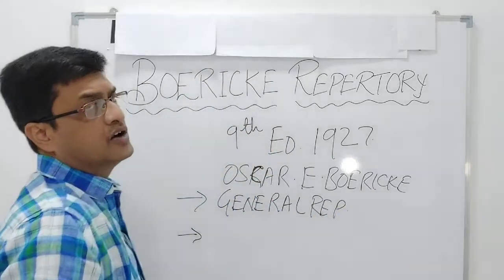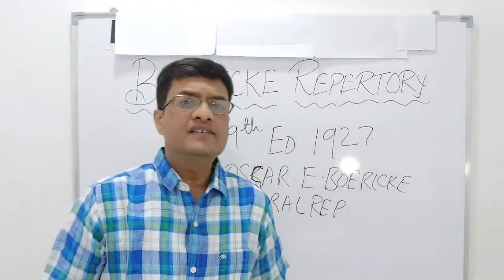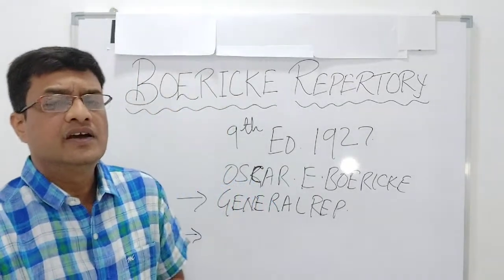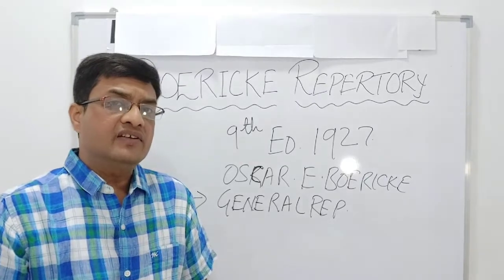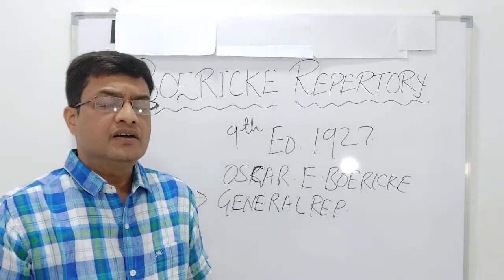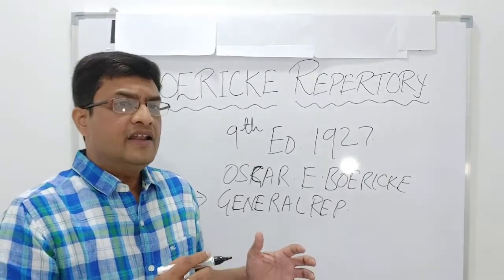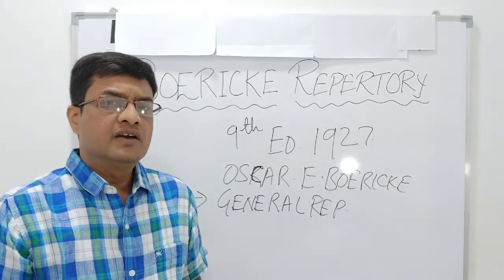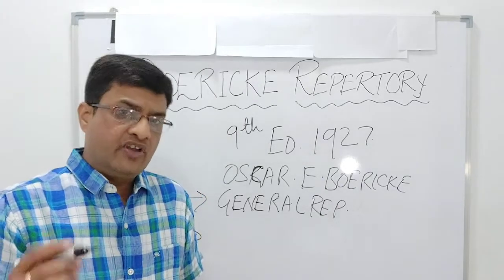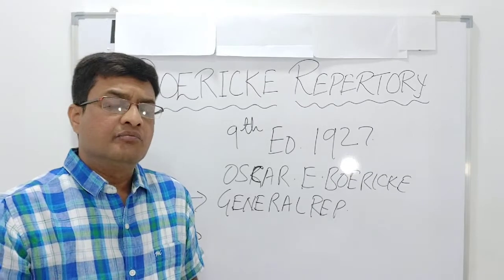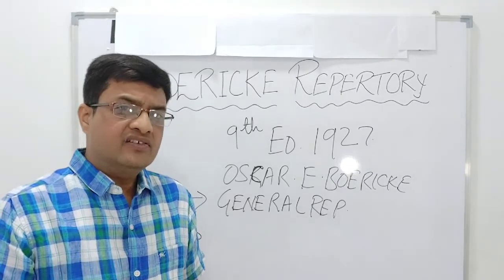Second, its feature is it has 25 sections. If we see Kent, it has 37 sections. BBCR has 54 sections. BTPB has 7 sections.